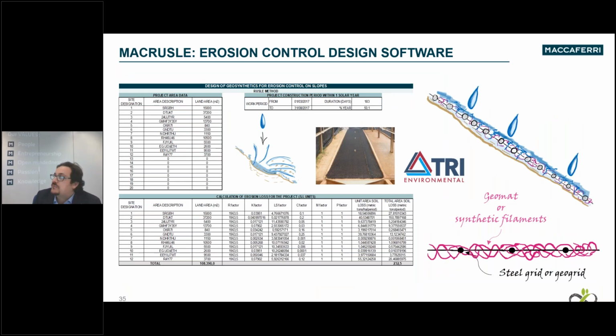So we test our MACCAFERI product in the TRI lab with a full-scale test in order to get the C factor, that is the factor you have to use in the RUSLE equation.